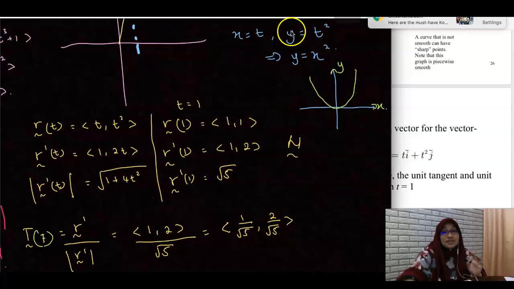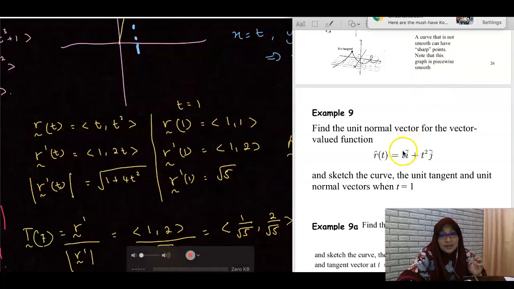But normally in an exam, after you sketch the curve, you have to label and plot. Normally they will say sketch the unit tangent and sketch the unit normal vector at t equal to 1, meaning that you have to show it on the graph.